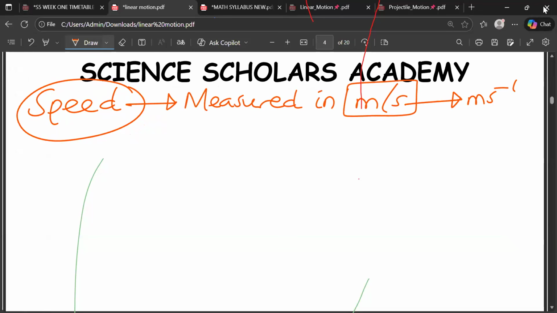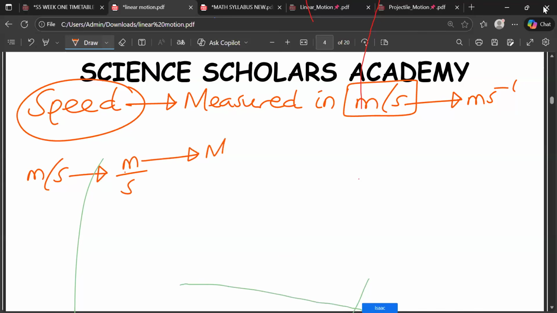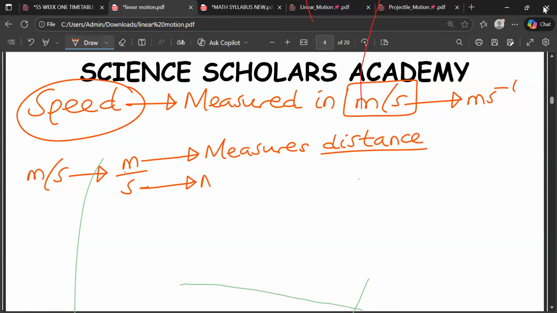Per second, like that. Now, the meters measure distance, and the seconds measure time.